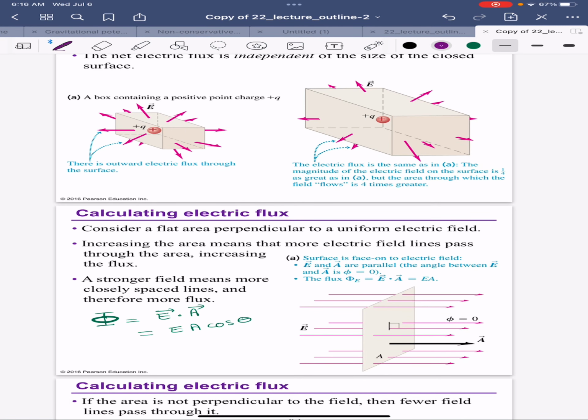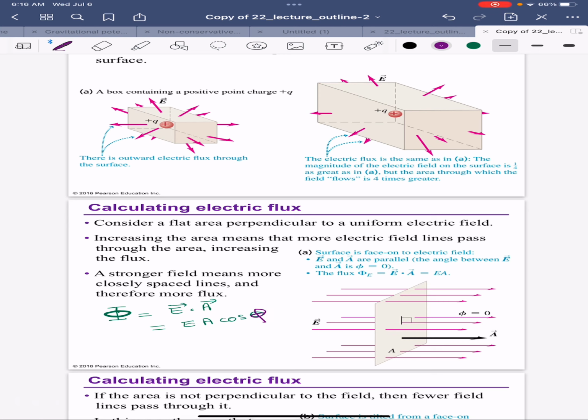The magnitude of this is EA cosine theta. When the electric field hits the area perpendicular, this is the maximum flux I can have: cosine 0 is 1, and this is the maximum flux.